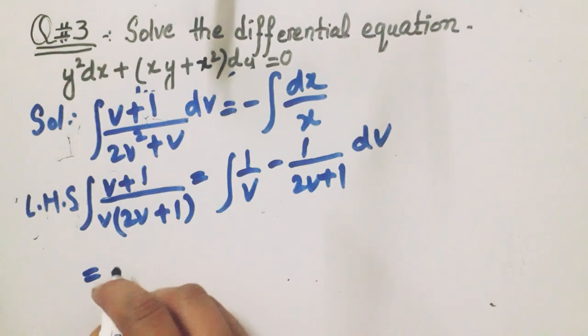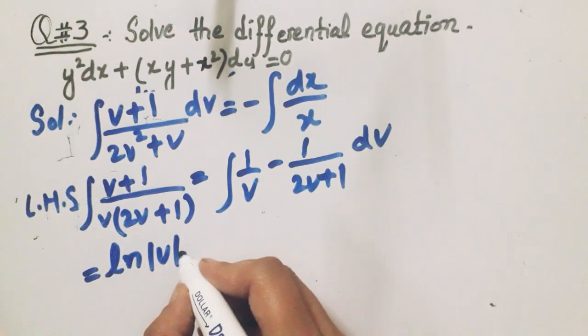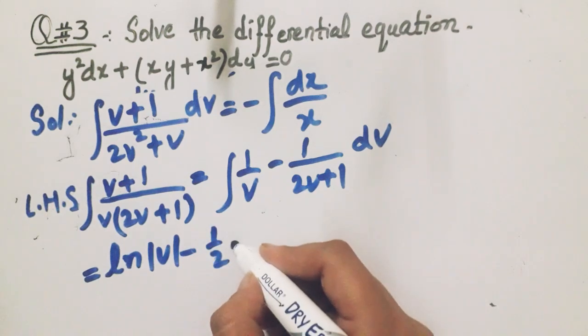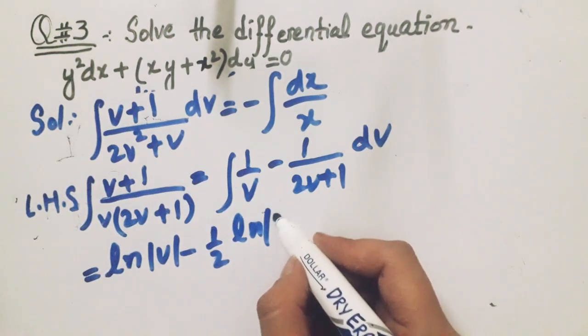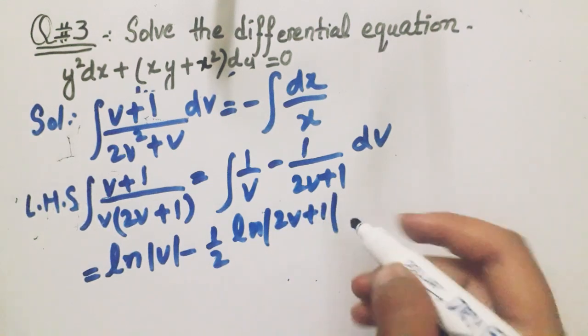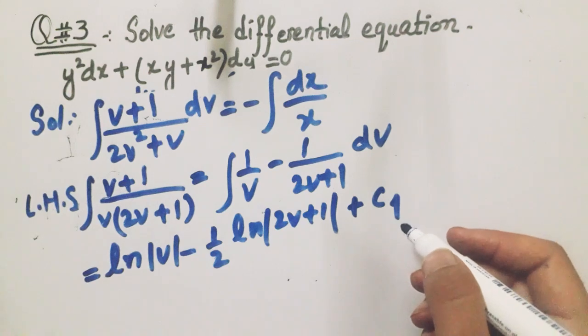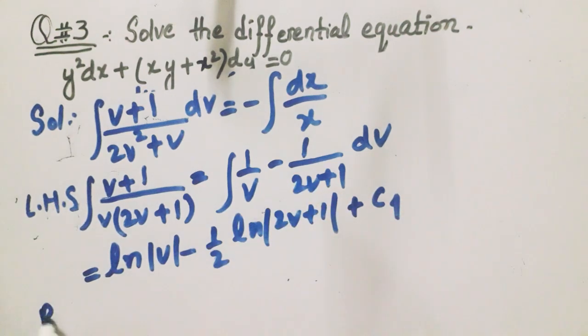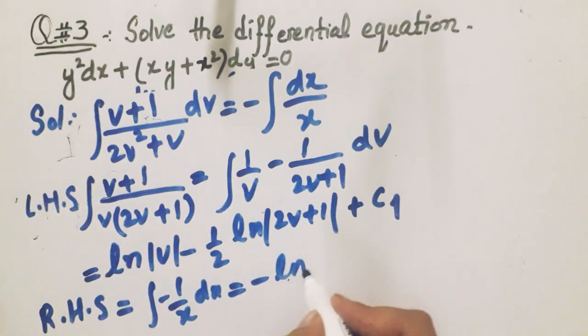Now integrating this will give you ln v, then minus 1 by 2 ln (2v plus 1), and then plus c1. Now we will integrate the right hand side. Integration of minus 1 over x dx is equal to minus ln x plus c2.